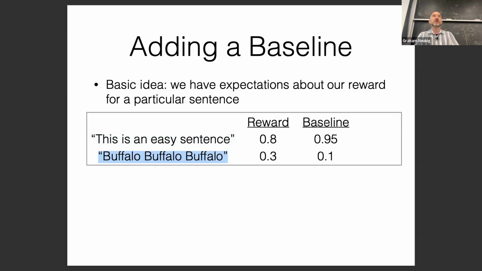What a baseline gives us is our a priori expectation of what the reward is going to be. Our final reward when we train the model is the difference between these two. Here we underperformed our expectation, so we penalize the output. And here we outperformed our expectation, so we improve the output.